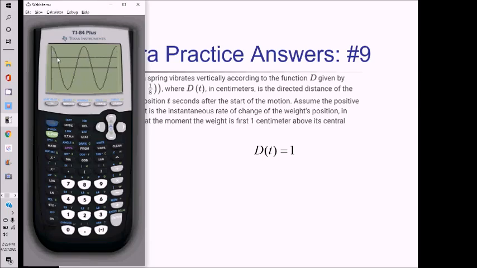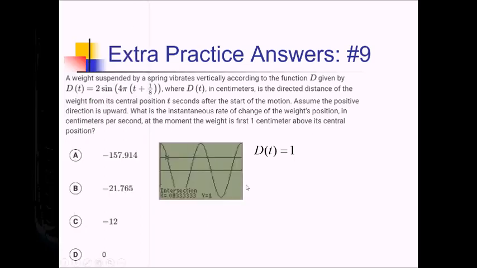So let me do second trace and then intersect, option 5. And then let me move my spider closer to that particular intersection, because it just picks up the closest one you have to it. So let me press enter, enter, enter, and I get the intersection point, 0.0833 and some change.